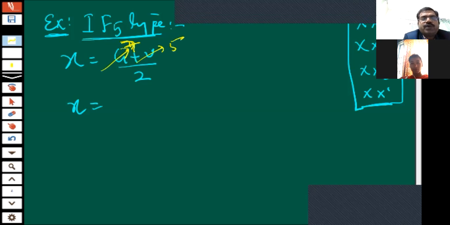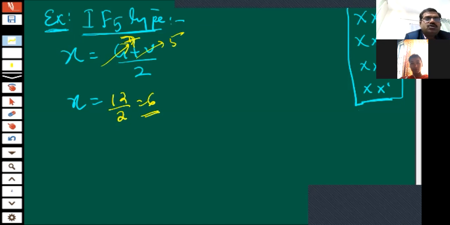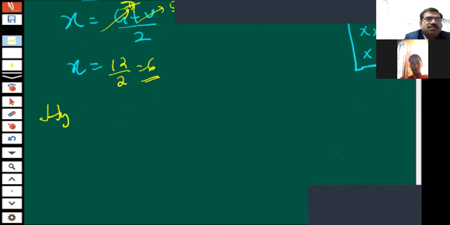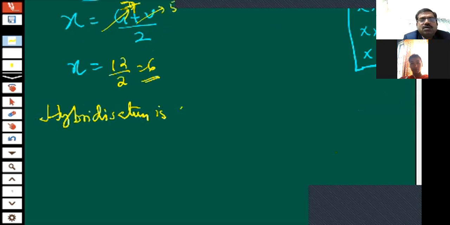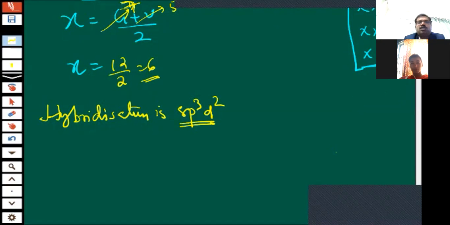So 7 plus 5 is 12, 12 divided by 2 is 6. So the hybridization is sp3d2.